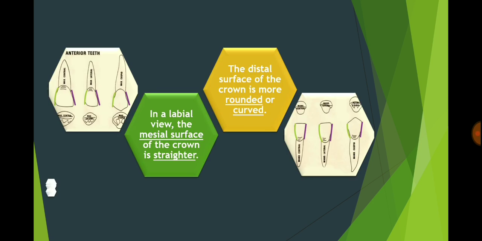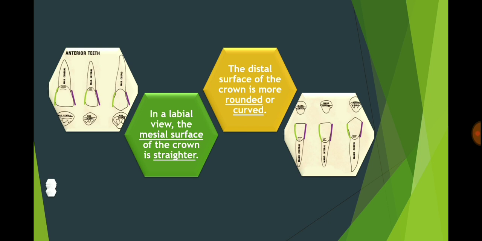All right, so when viewed in the labial view of the anterior teeth, as depicted in the pictures here, the mesial surface of the crown is straighter when you compare it to the distal surface.